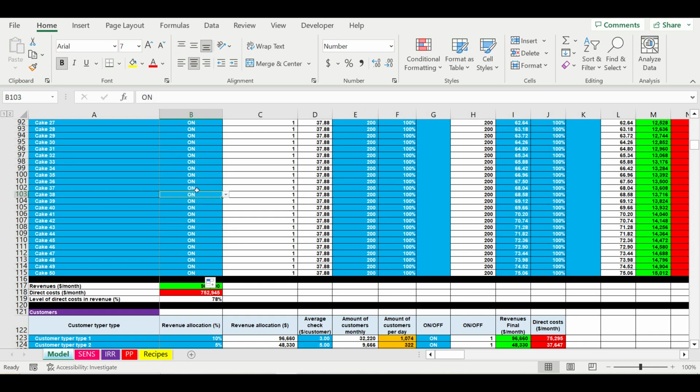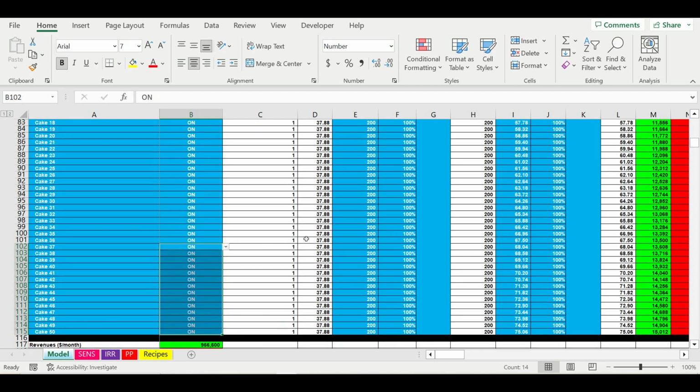This is one of the critical things, that you have to have some on and off buttons inside the product line to switch off some items from calculations and see the performance of the business without these items. It doesn't matter whether your business is small, medium, or big. You have to think about that all the time.